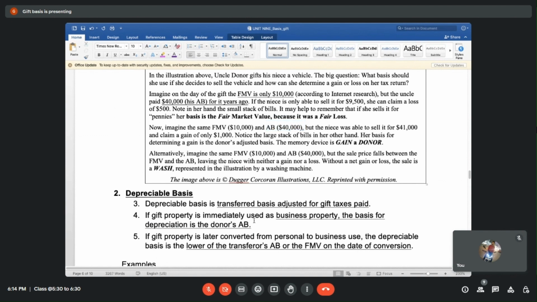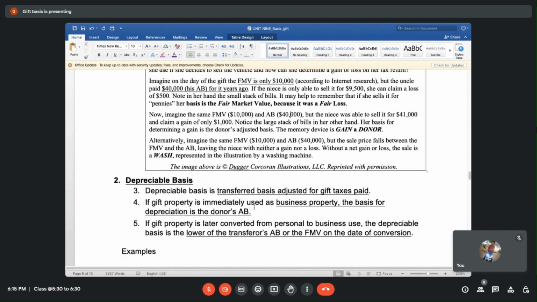If it's immediately used as a business property, she can take the basis of her uncle and claim depreciation. Just imagine how much difference it would make on her tax return if she was not allowed to claim depreciation on this price, and IRS says you have to just go with the fair market value. Depreciation at 10% may come up to 10,000. Here it could be 4,000. So immediately she can use the donor's basis.